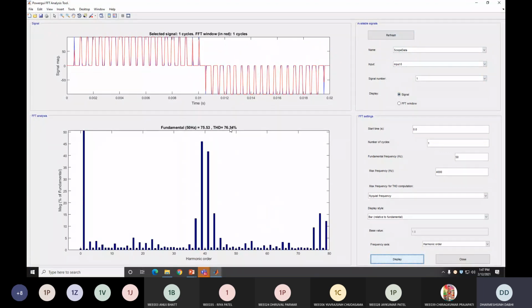Sorry, it is 76% only, almost half of the bipolar technique. So in this case you can see that THD is also less. So this point you can also write in the comparison of FFT between the bipolar and unipolar technique.